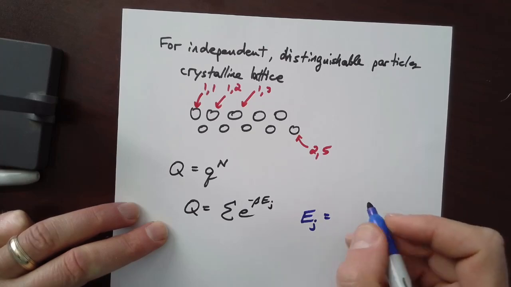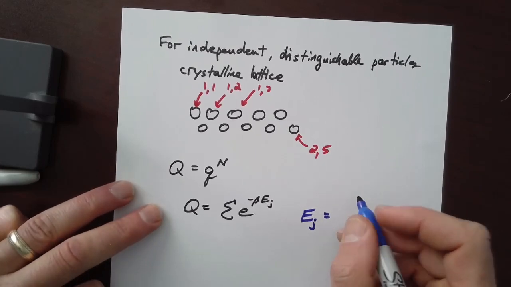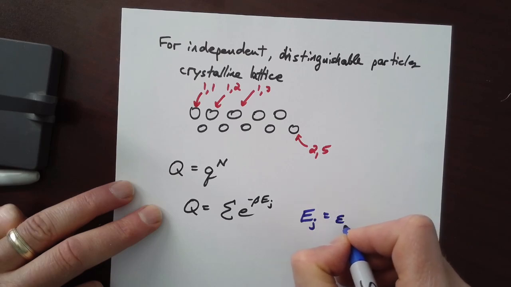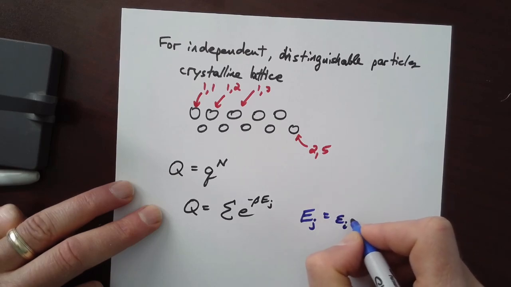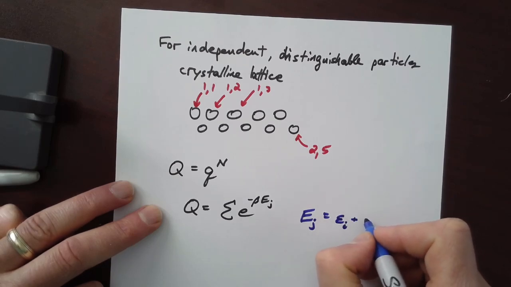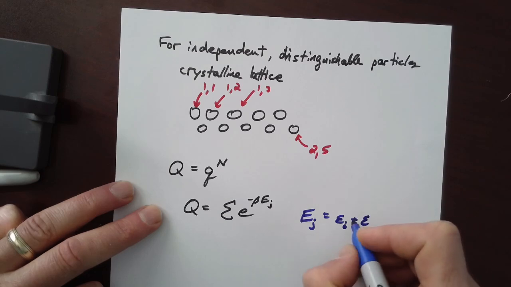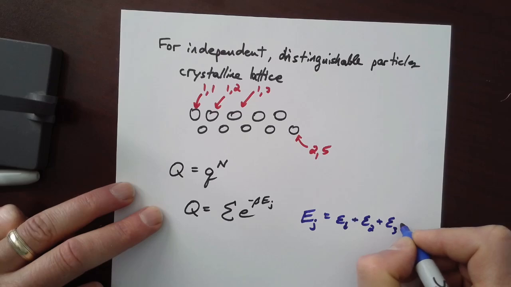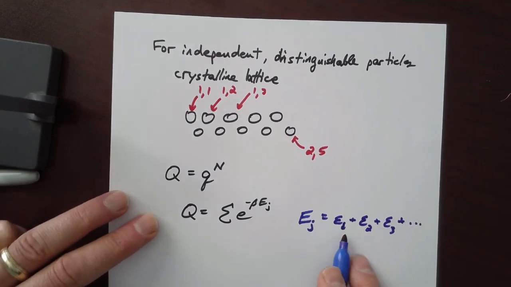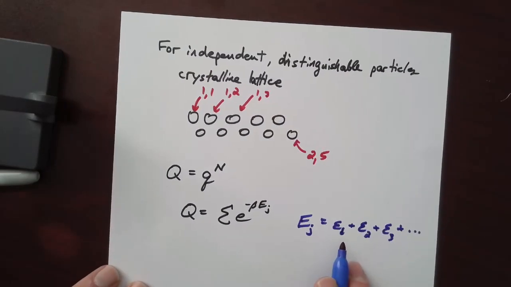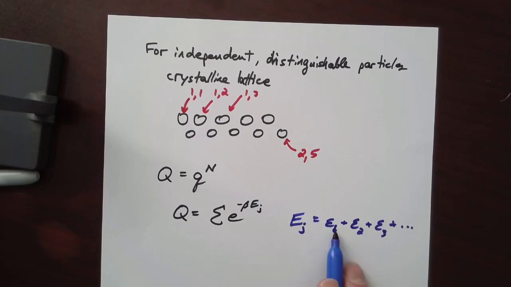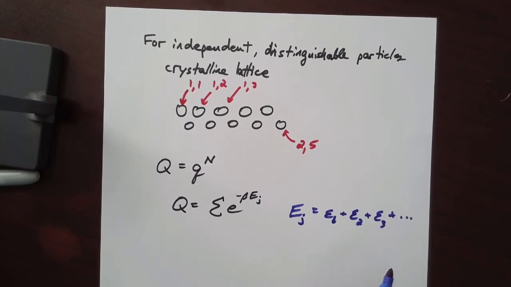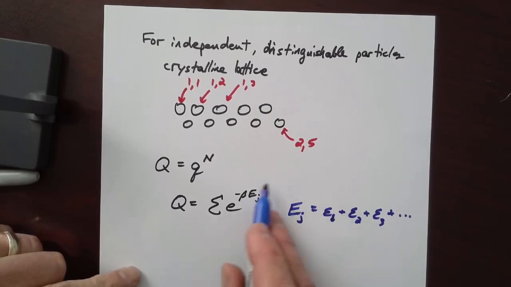Well, the system energy is simply the sum of all the little energies, like E1 plus E2 plus E3 and so on. So I have the energy of particle 1 plus the energy of particle 2 plus and so on, right? So because of that, I can shove all that in here.